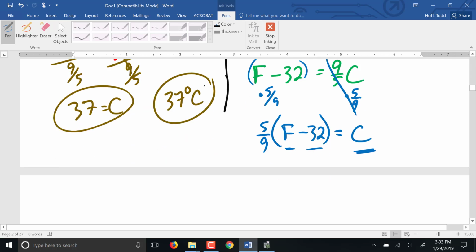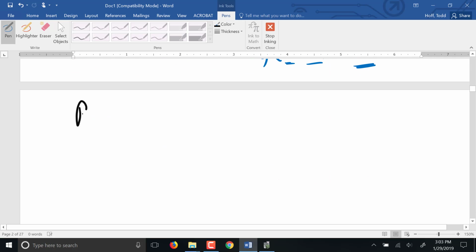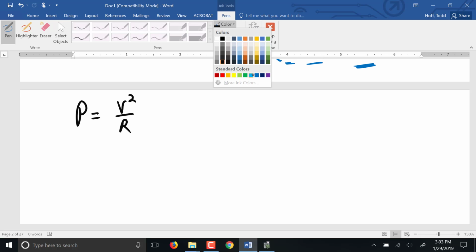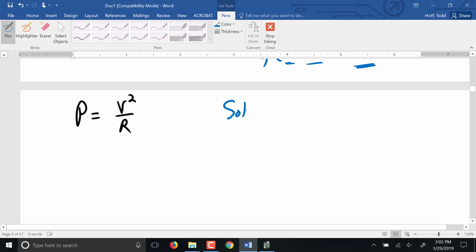One more example of these, we might have a power formula. Power of an electrical circuit is equal to the voltage squared divided by the resistance. Let's solve for V. So we have V by itself. V has been squared, and then that was divided by R. So to solve it, I reverse that.